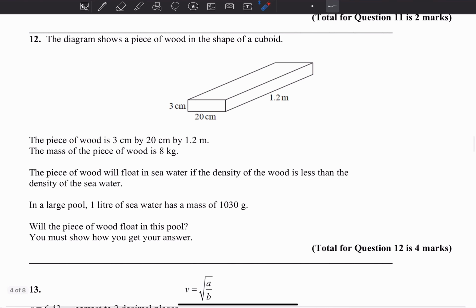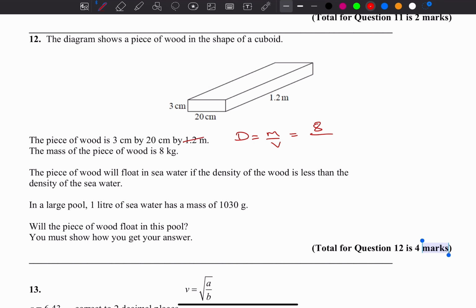Next one. Would it float? Okay. Let's see. What is the density of this wood? Density is mass over volume. Mass is 8 kilograms over volume.